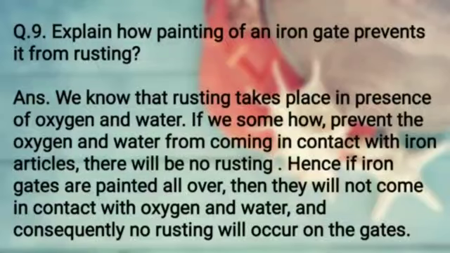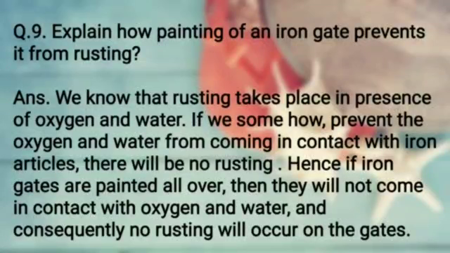Question number 9 is: explain how painting of an iron gate prevents it from rusting. So here you have to explain how you can prevent an iron gate from rusting by painting it.